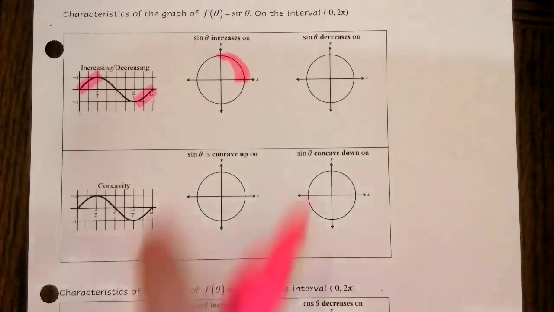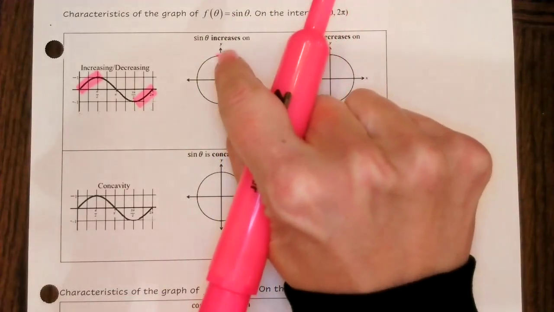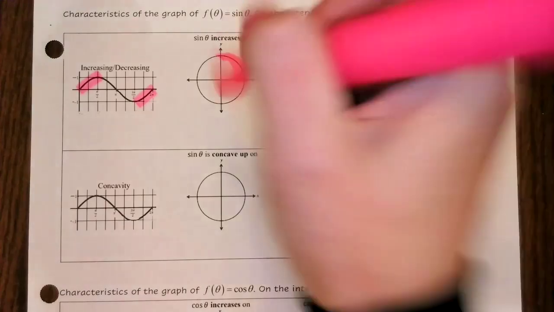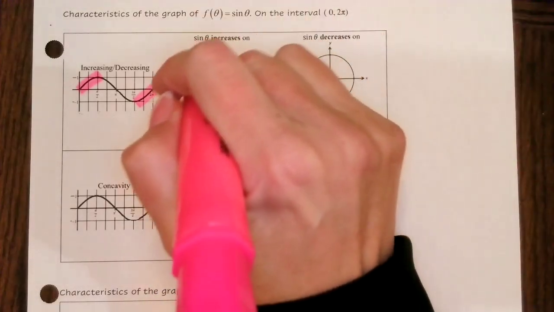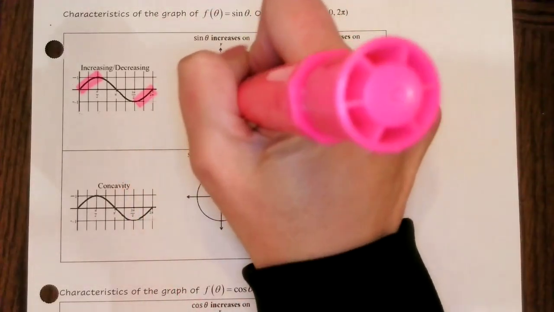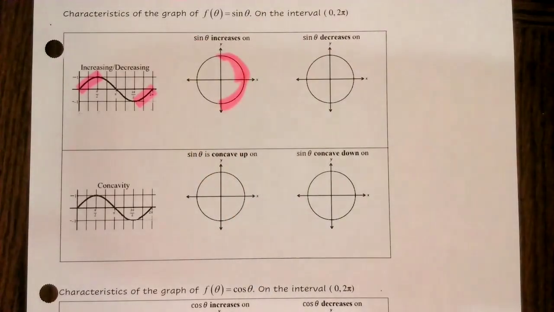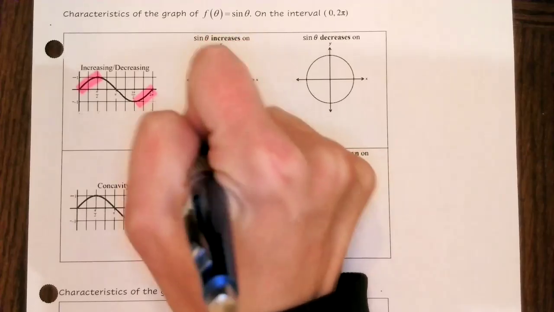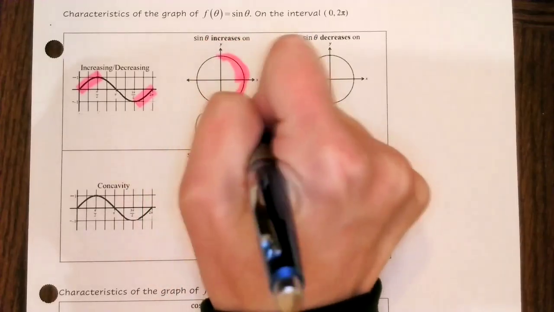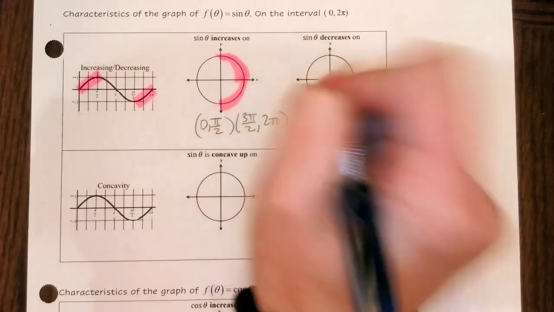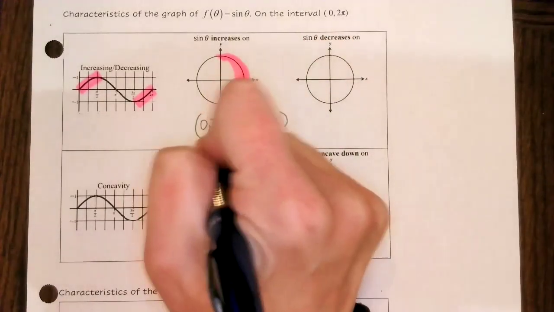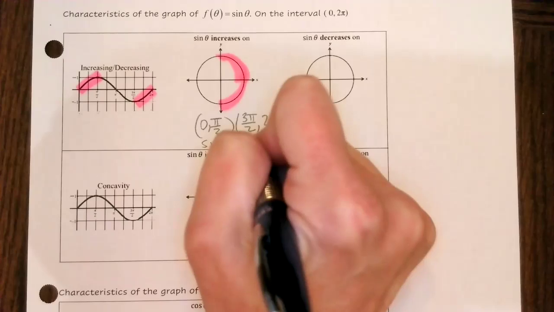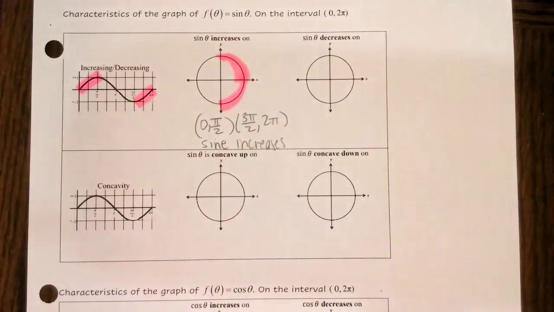Our sine values are increasing. Now we know sine is the y value, so we could see that that's increasing right there. And then we see it would decrease as it goes this way, and then it starts to increase again. So from 0 to pi over 2, and then from 3 pi over 2 to 2 pi. That's where our sine increases. Those are the intervals.